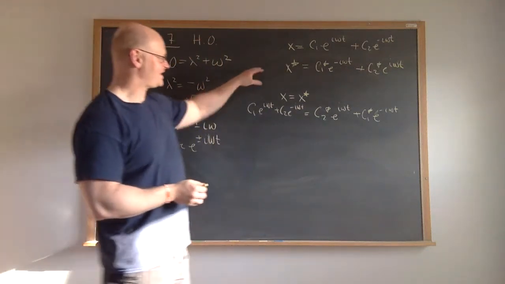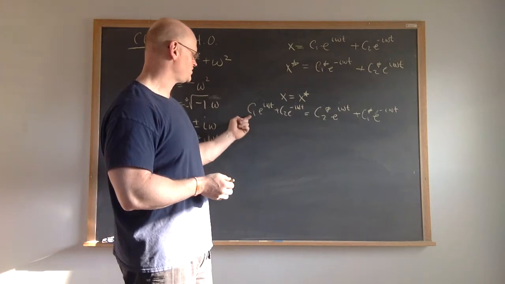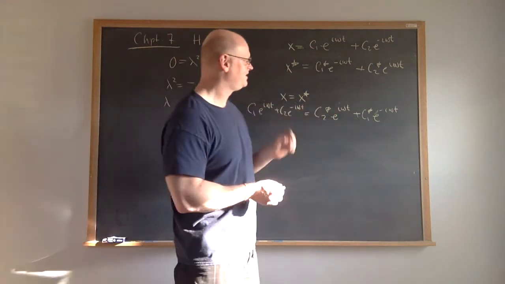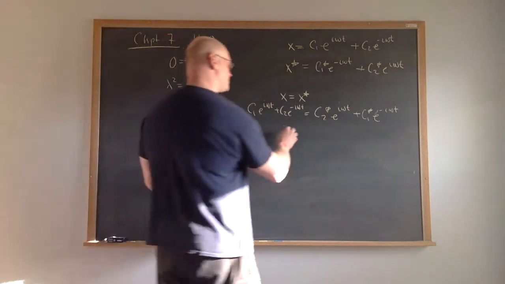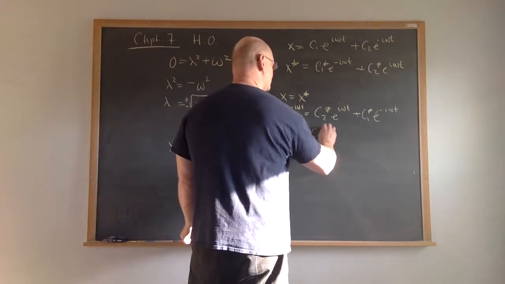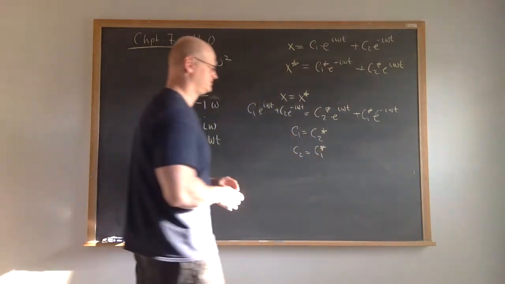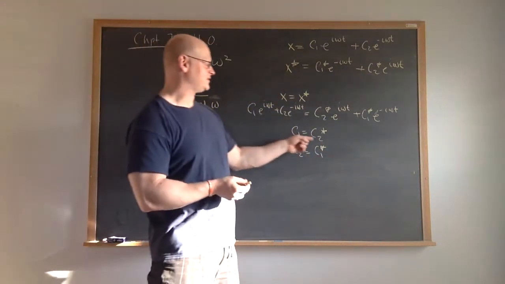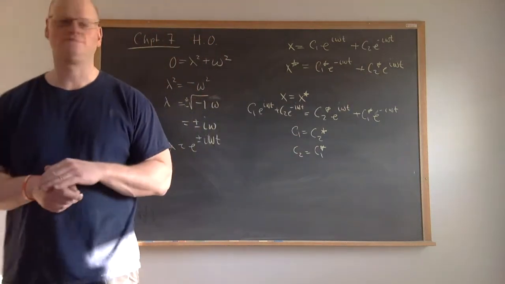I changed the order of that second one just to show it a little bit better. But what has to be true is that the coefficients in front of the like exponential terms have to be equivalent to each other, which tells me that c1 must be equal to c2 star, and c2 must be equal to c1 star. So c1 is equal to the complex conjugate of c2, and c2 is equal to the complex conjugate of c1.